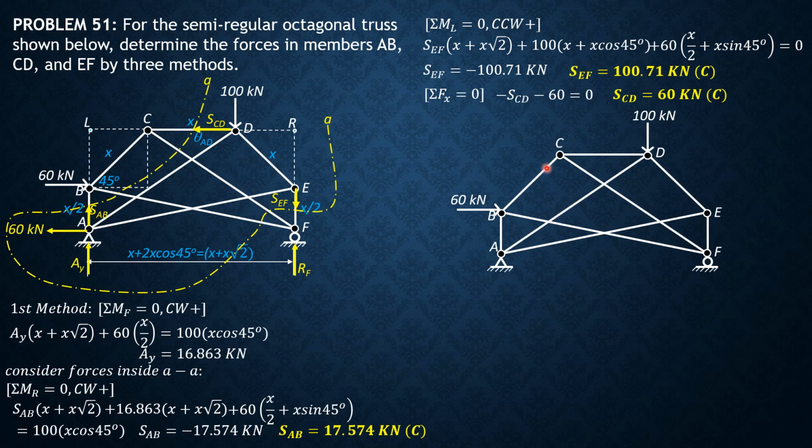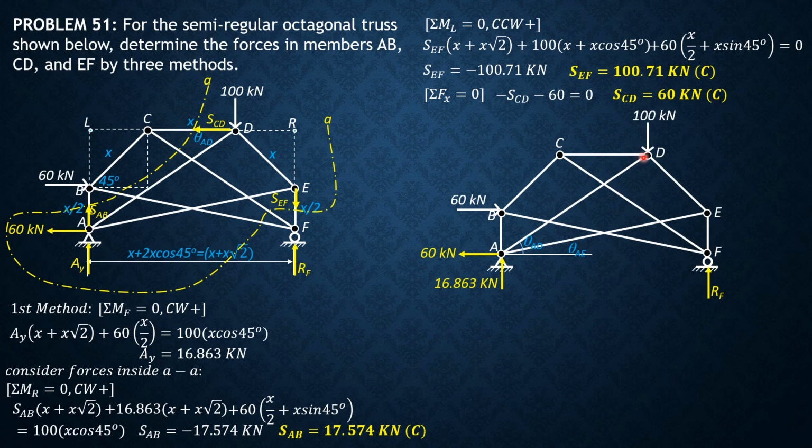The next method is the method of joints. We begin with joint C. You can begin at any point, but the easiest joint is C. We need the reaction forces first. Summation of forces in Y to solve for RF. Then we need the angles theta AE and theta AD. Theta AE is equal to theta BF, and also theta CD.